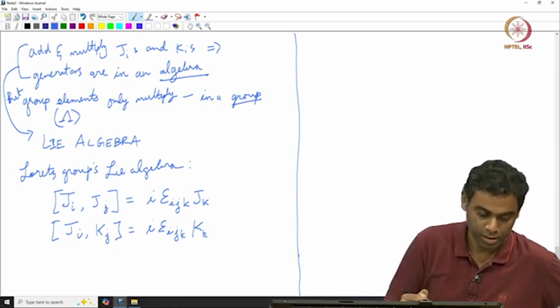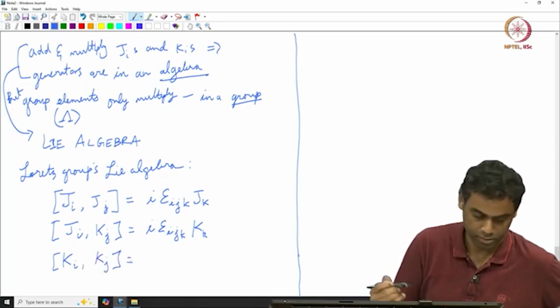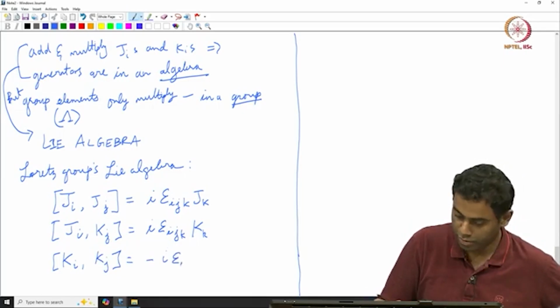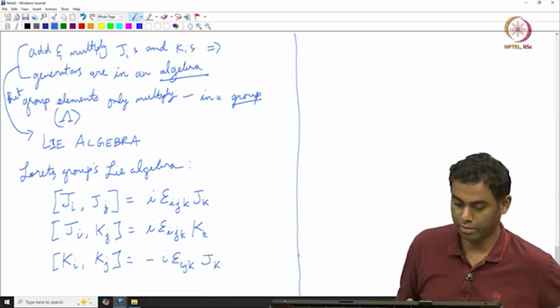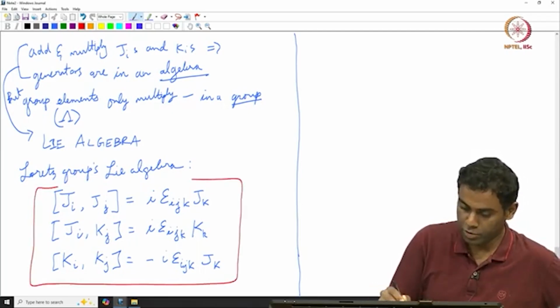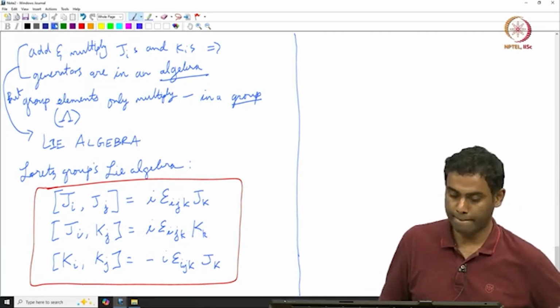And of course, another surprising thing is if you take the commutator of two boosts, you actually get the rotation generated. So the first one is not surprising, but the other two look a bit surprising.